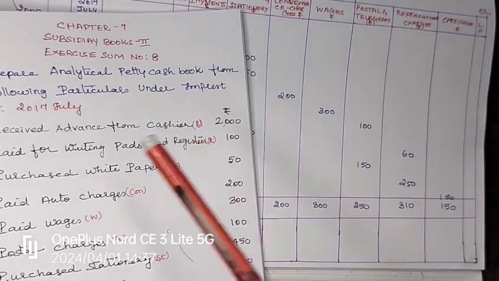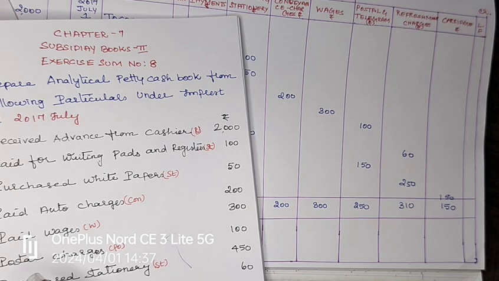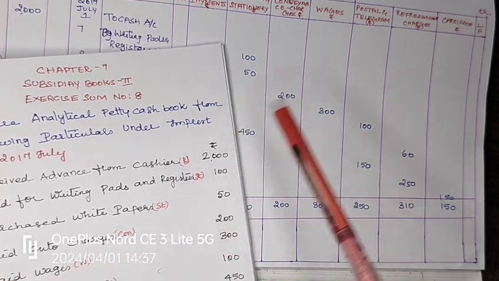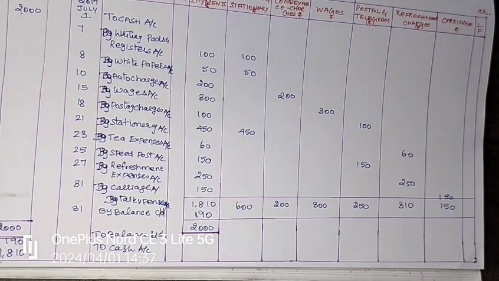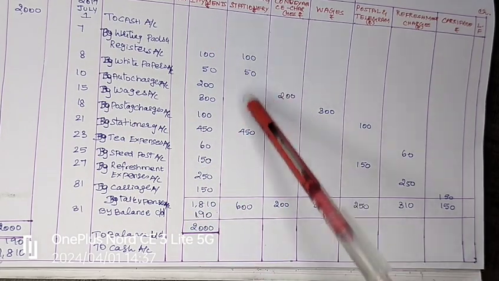So these are the receipts and payments given here. We prepared the petty cash book.